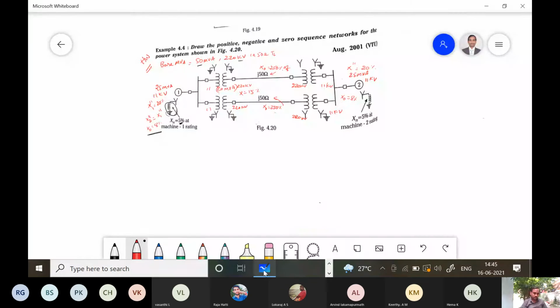So we can write positive sequence reactance is also equal to negative sequence reactance for the transformer.